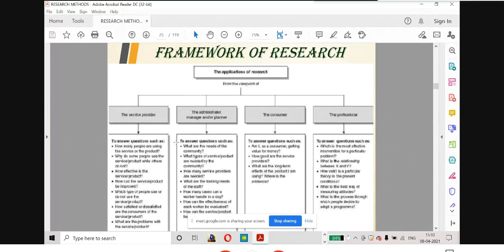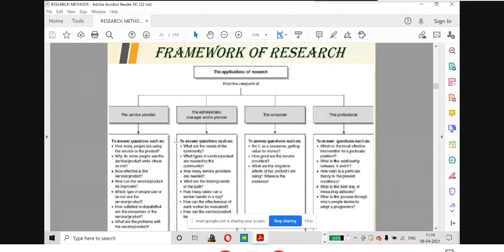Now, if you are looked at as a service provider by someone, you are a researcher, but you are viewed as a service provider. So, as a service provider, you are supposed to provide answers to the following questions. How many people are using this service or the product? Then, why do some people use the concept or product while others do not?